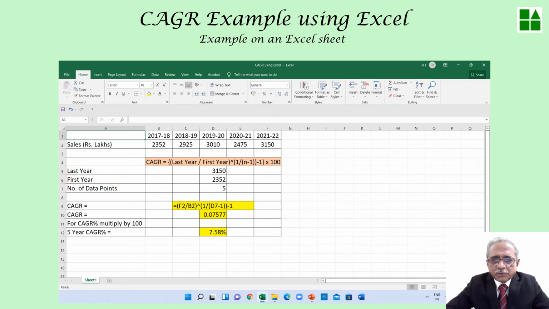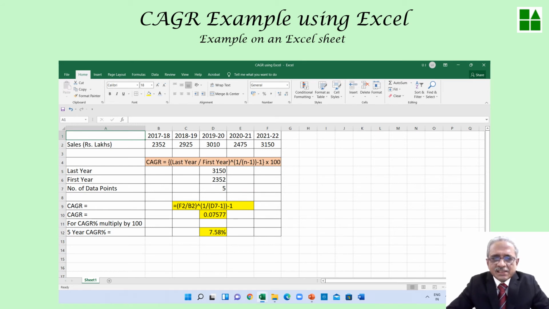This is a formula which you apply to the data that you enter in your worksheet, where F2 is 3150, B2 is 2352, N equals 5, N here is D7. D7 minus 1 is 4, and you put in this formula and the Excel sheet shows you a figure of 0.07577. Multiply that by 100 and you get 7.58.